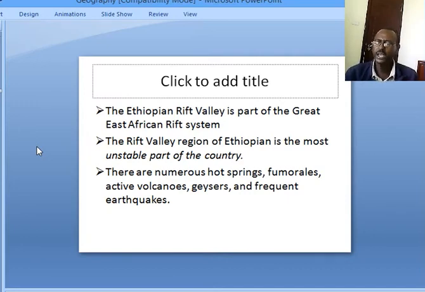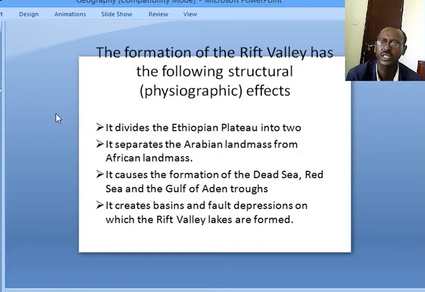It's a weak part, so anytime volcanic eruption, earthquake, and other things could happen within this rift system. There are numerous hot springs, fumaroles, active volcanic geysers, and frequent earthquakes to be seen within the Rift Valley. So when we go down to the Rift Valley, we will find many hot springs across this region.